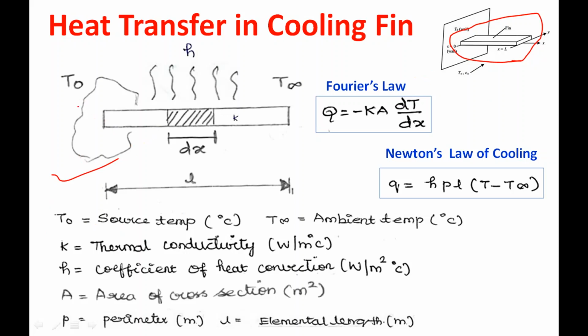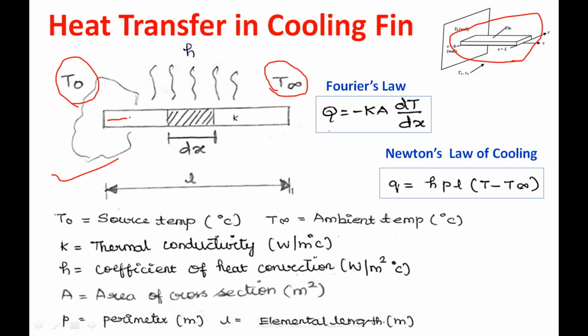The left end is attached to the heat source. The temperature of the heat source is T naught, and the right end of the cooling fin is kept open to atmosphere. The atmospheric temperature is T infinity, and there are two modes of heat transfer that take place in this cooling fin.